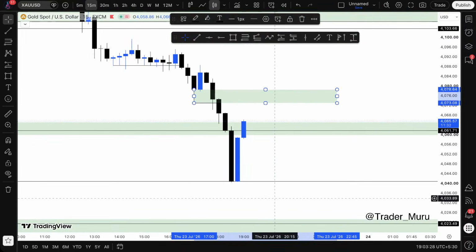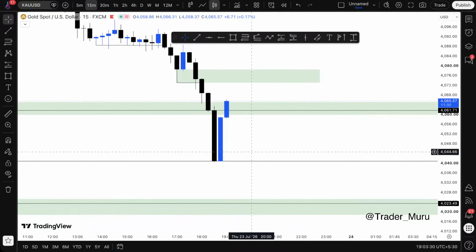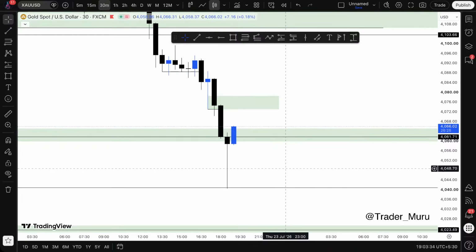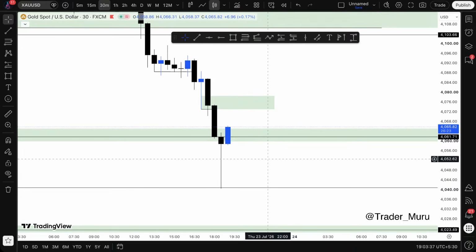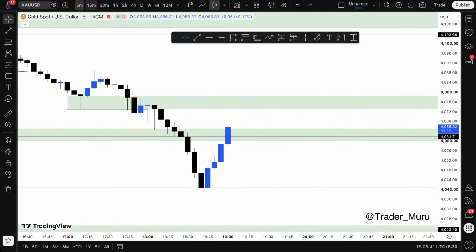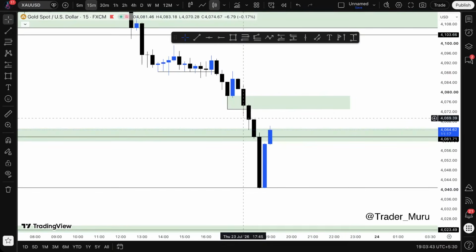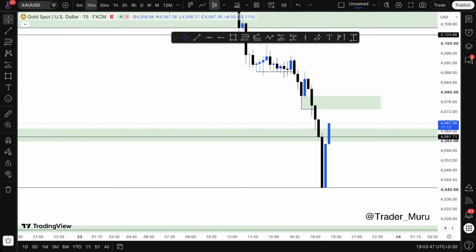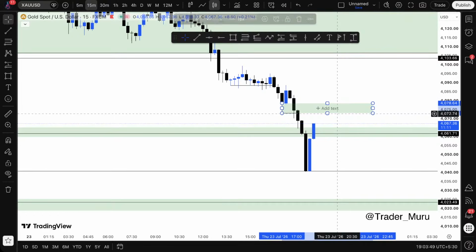It can test here and create breakout structure again. This is 72, 73 to 78.